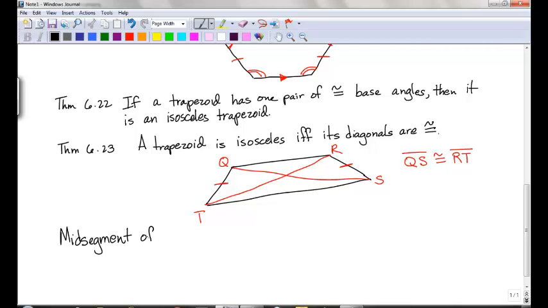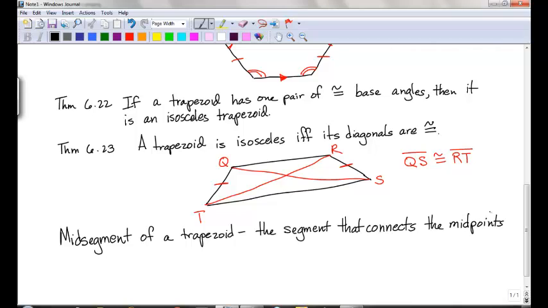The mid-segment of a trapezoid is the segment that connects the midpoints of the legs, keyword there, legs, of the trapezoid.